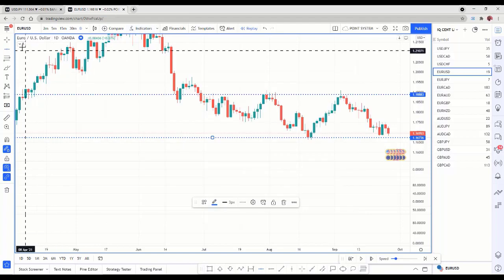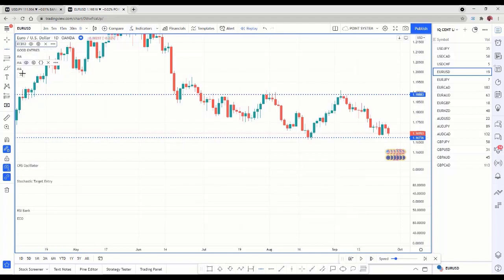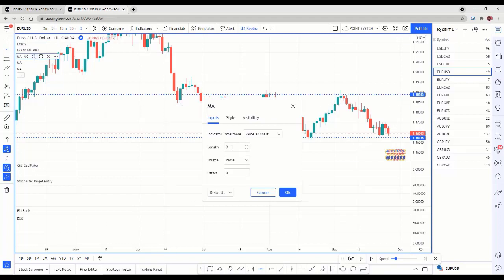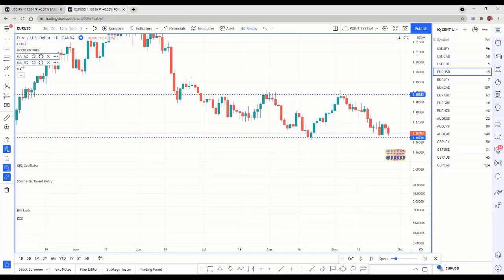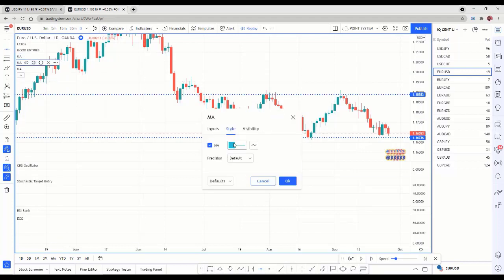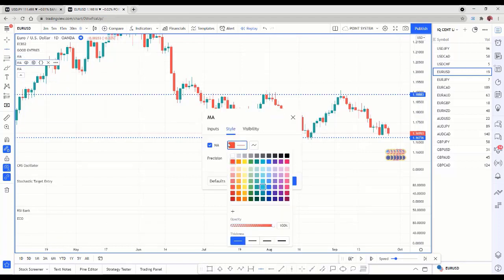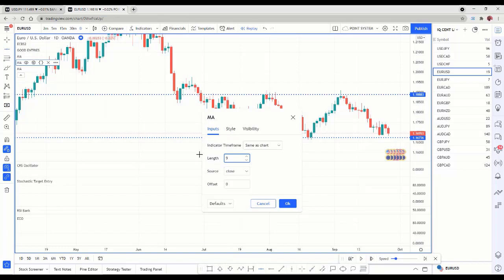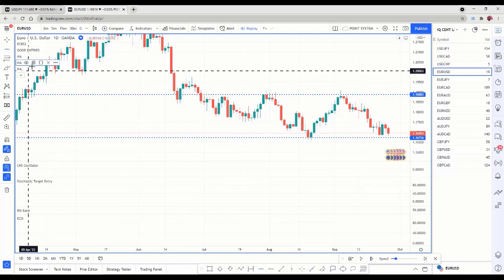Good. Let's make this. Okay, this is 9. Let's make it 20. 20 moving average. Color blue. Okay. Then let's make this red color and 50 moving average.